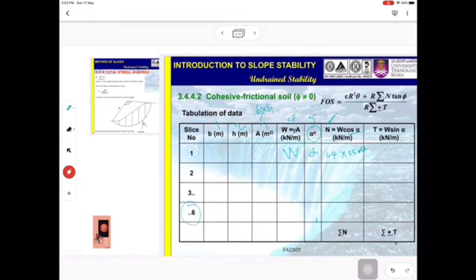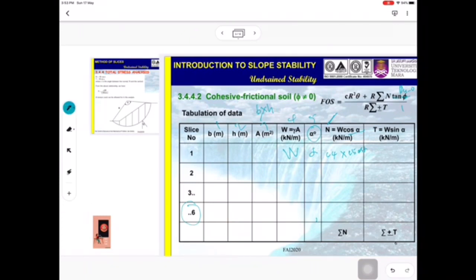Okay, this is the formula for factor of safety when phi u is equal to 0. Actually, this formula comes from the Terzaghi formula.